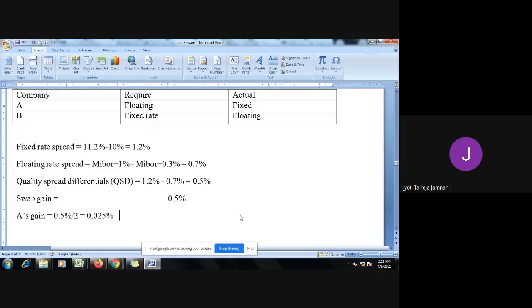So A's gain is 0.5% divided by 2, which is equal to 0.25. B's gain is 0.5% divided by 2. 0.5 divided by 2, you get 0.25. Sorry, it's not 0.025, it's 0.25%.